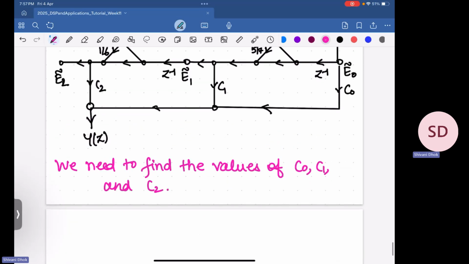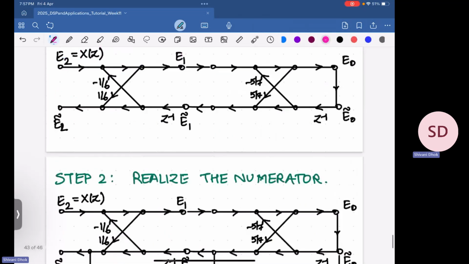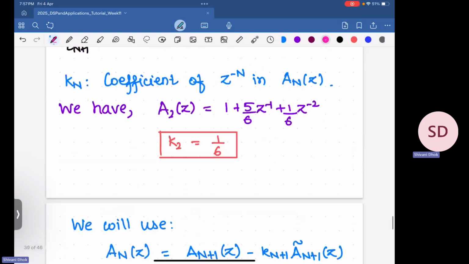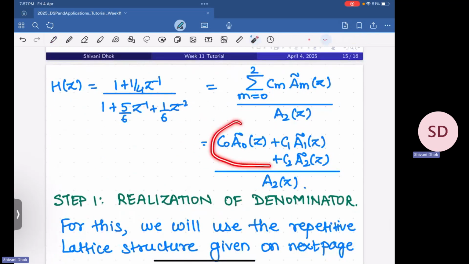And for this we will use the numerator polynomial that we have. Okay, so let us go back to our transfer function. So we have this equation, whatever we have in the right hand side, that will equate with the numerator of the left hand side.